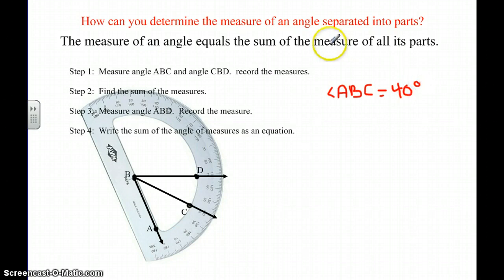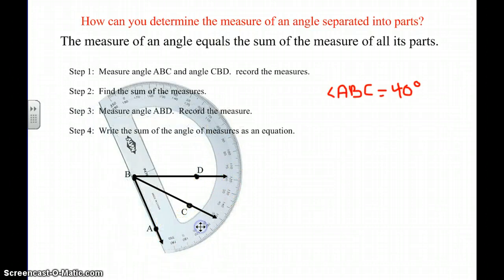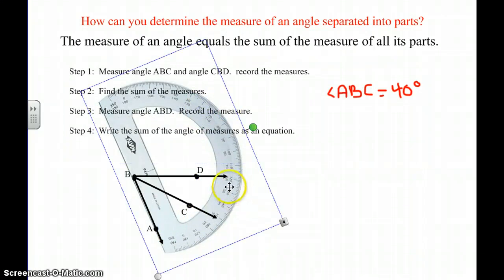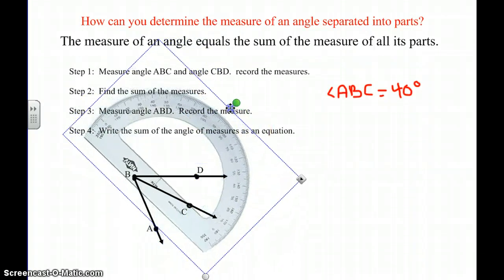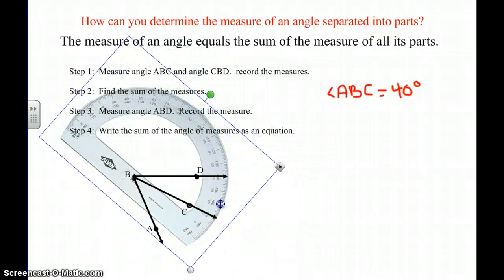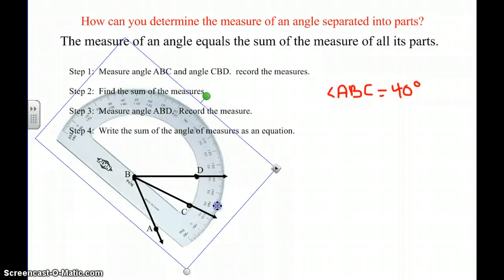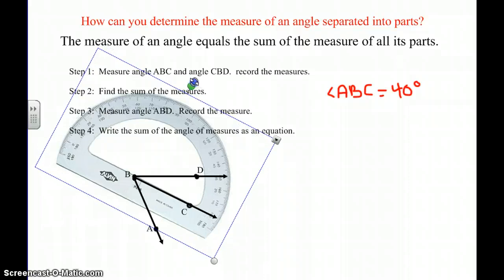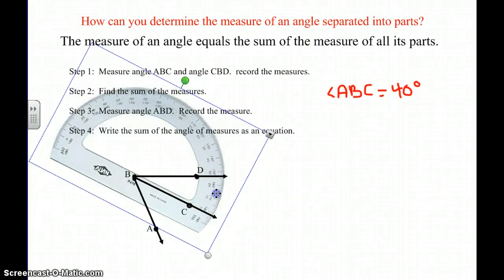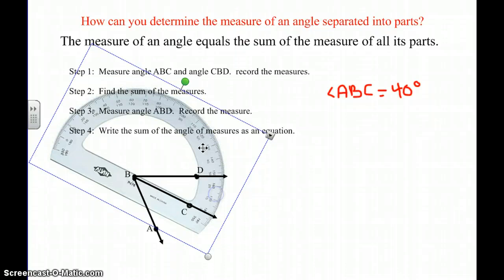Okay, so now we need to measure our second angle here. So this time we're going to line this up with our vertex again, and we're going to line it up with ray BC on the 0. So let's do that. Okay, let me just fix my center point here.